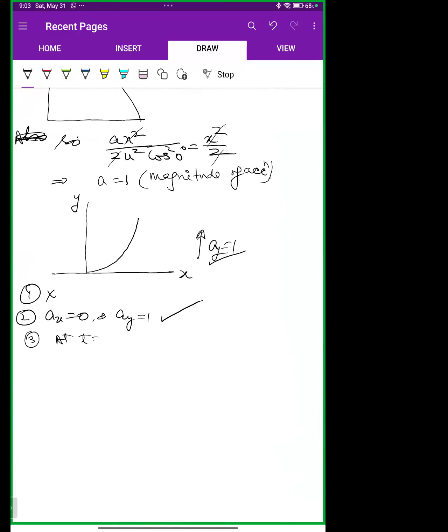At t equal to 0, the particle's velocity is horizontal, that means along x-axis.